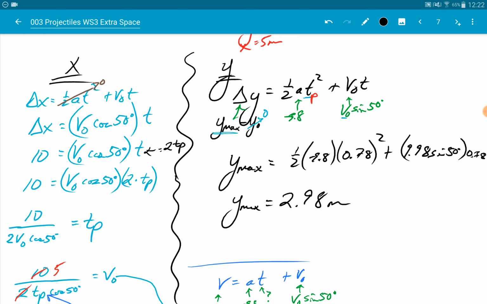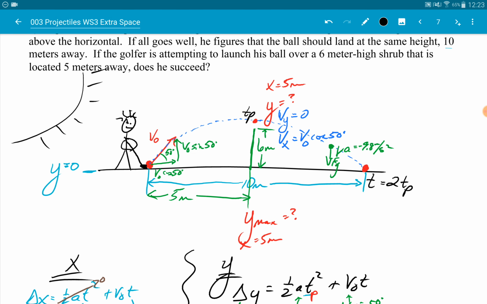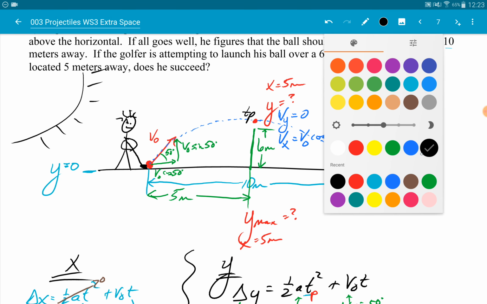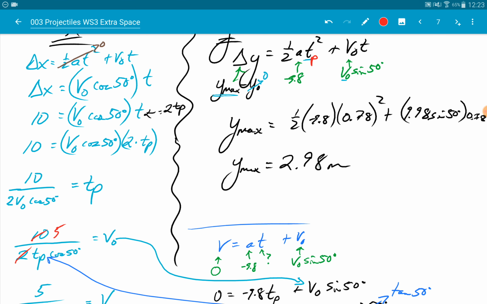And I go and compare that to what I had for the bush. The bush was 6 meters high, so here it doesn't even make half of that. It just makes less than half of that. This is the actual. So no. We go, no, he does not succeed.